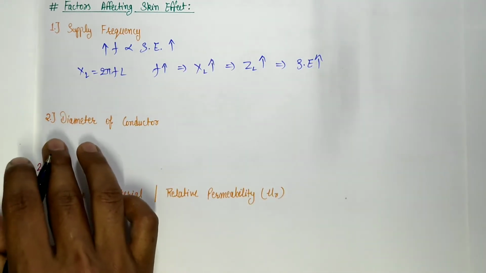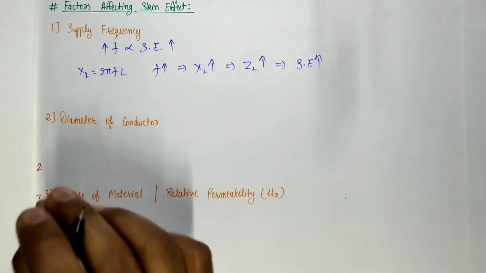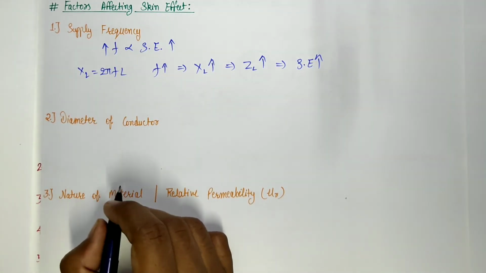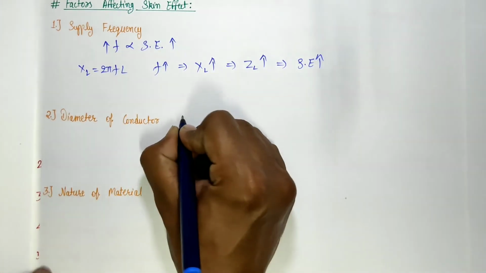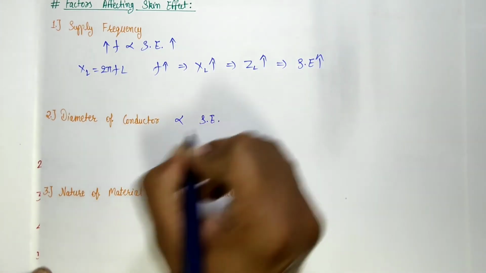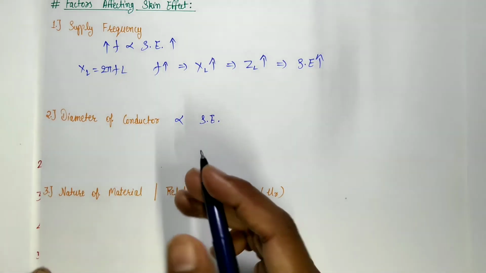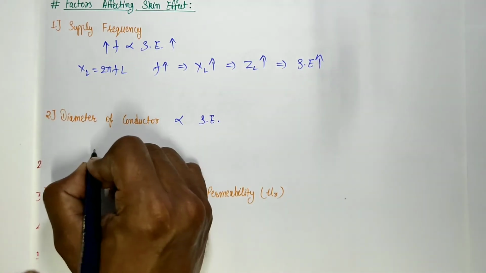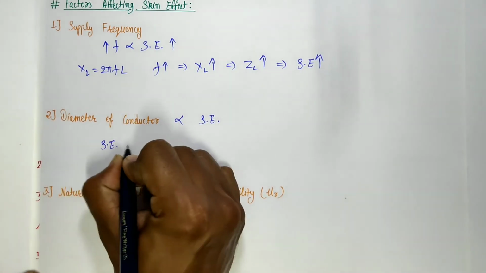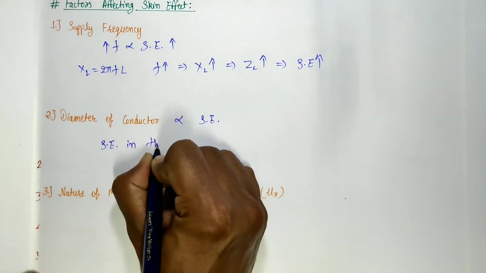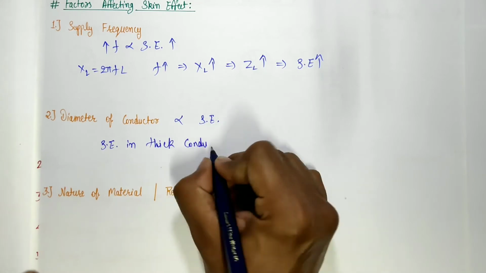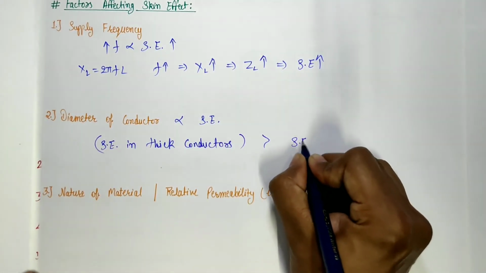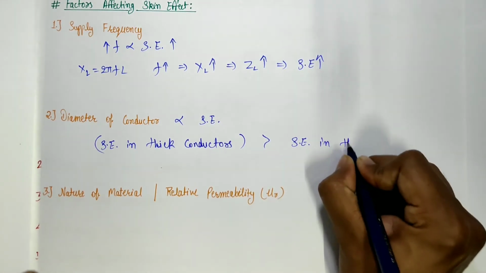Now the second factor on which skin effect depends is the diameter or thickness of the conductor. The diameter of the conductor is directly proportional to skin effect. So if the diameter of the conductor is more, then skin effect will also be more, and because of this reason you will see that skin effect in thick conductors is more as compared to thin conductors.